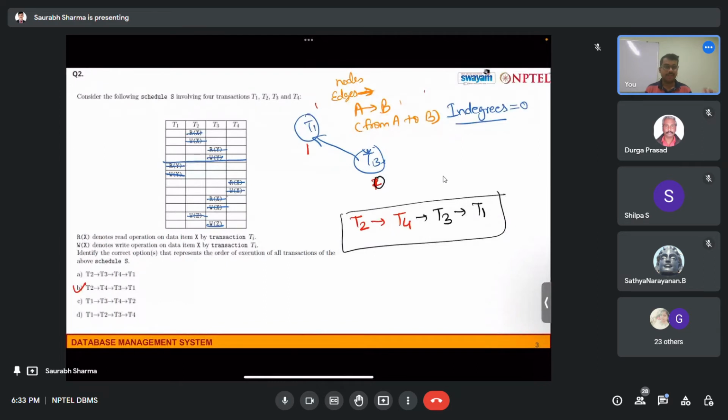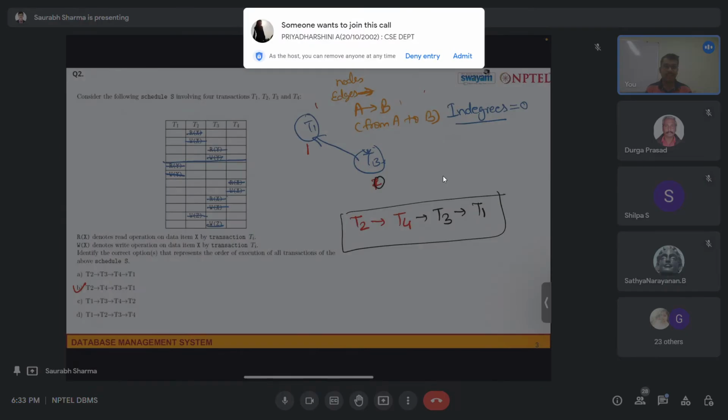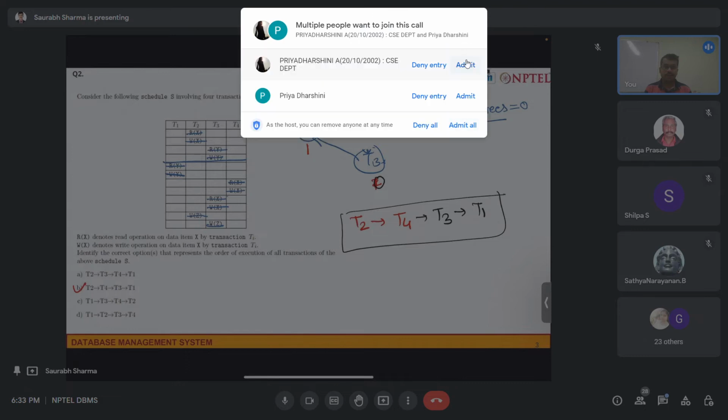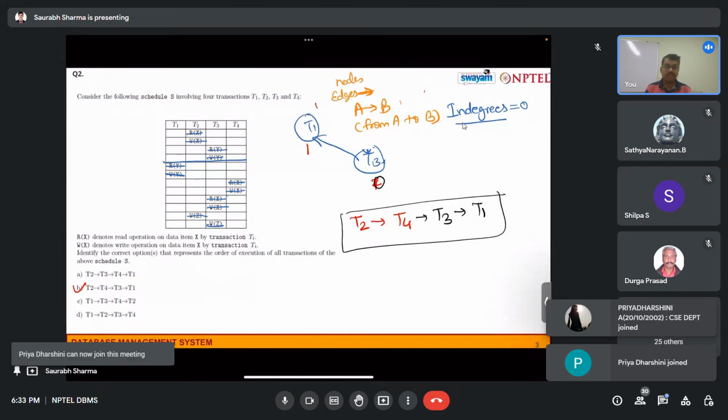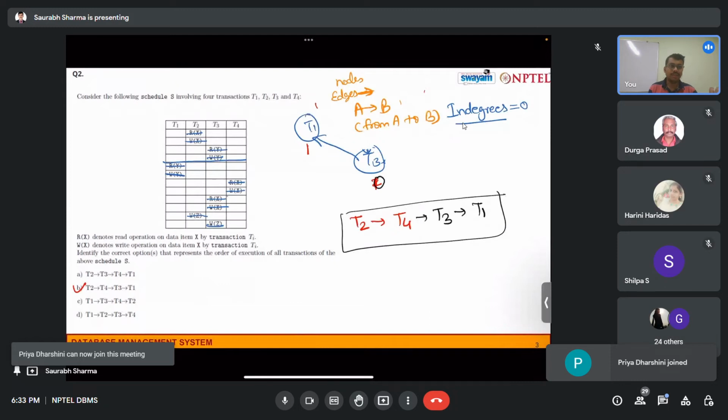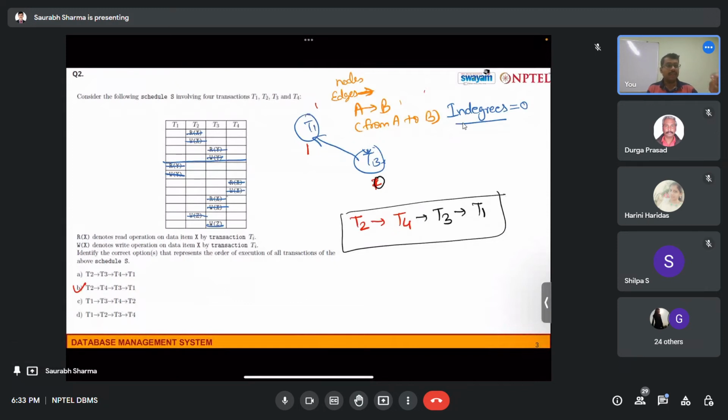So if there is an edge from A to B, then the out degree of A will be 1, because there is one edge going out from A. The in degree for B will be 1 because there is one edge coming from another node to B. If there are many nodes, there is C, there is D.